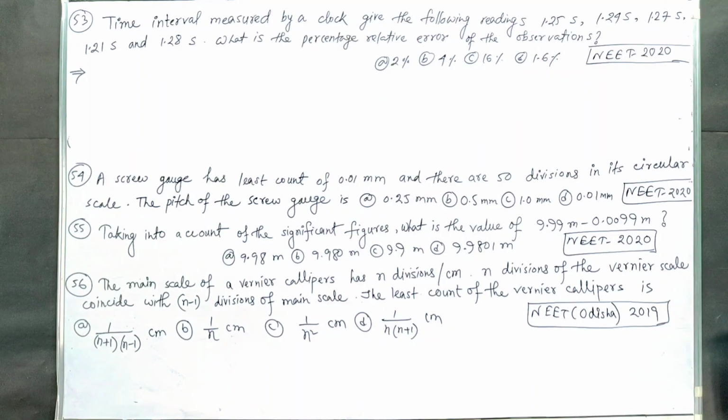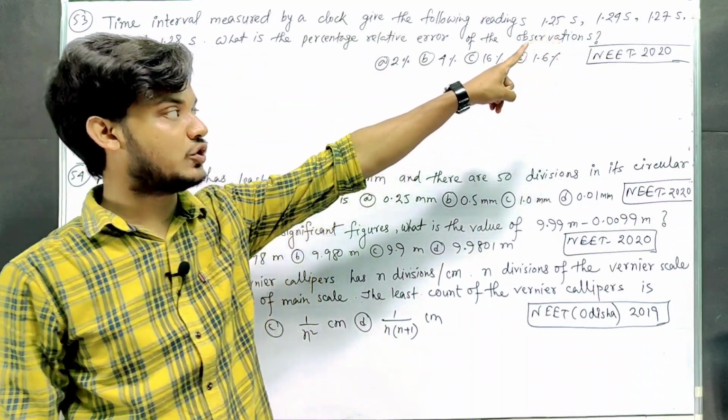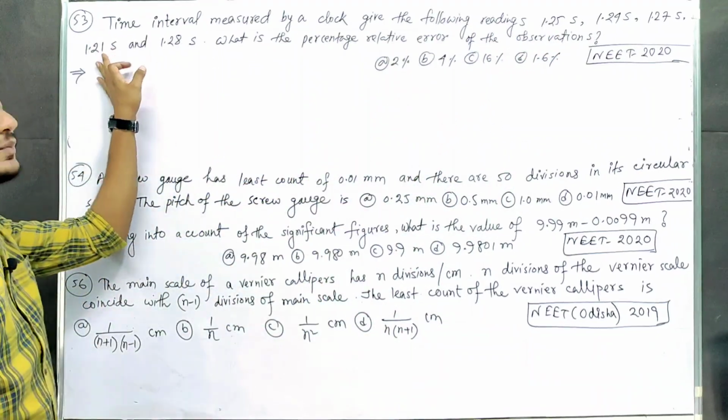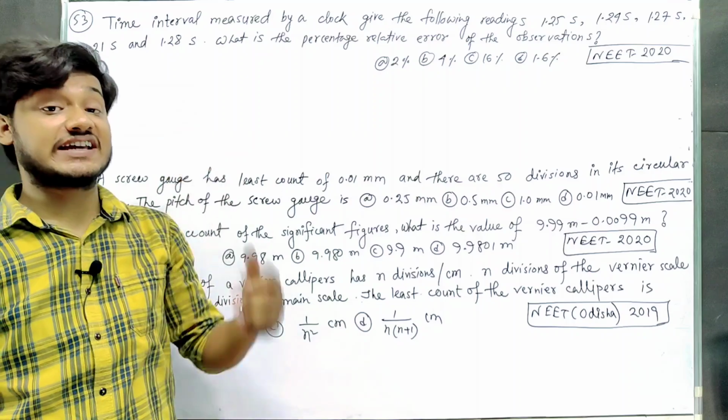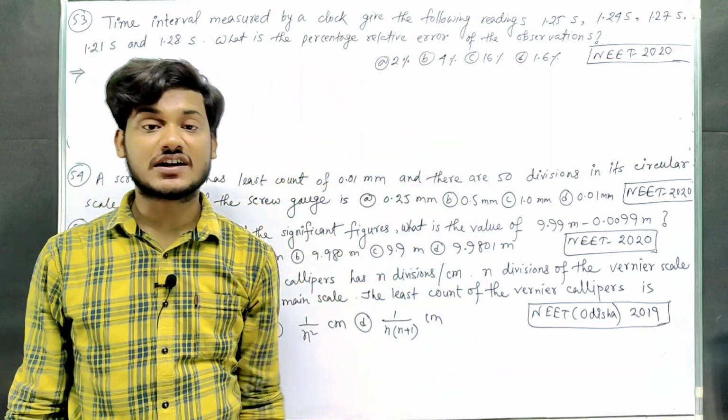53. Time interval measured by a clock gives the following readings: 1.25 second, 1.24 second, 1.27 second, 1.21 second, and 1.28 second. What is the percentage relative error of the observations? Options are given.